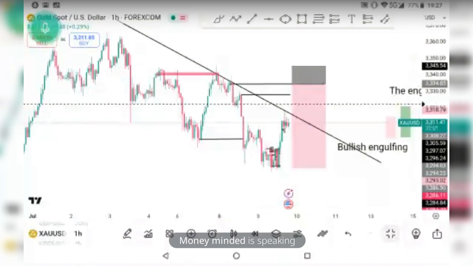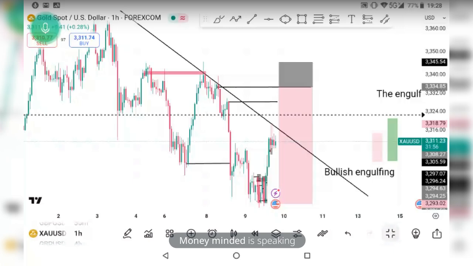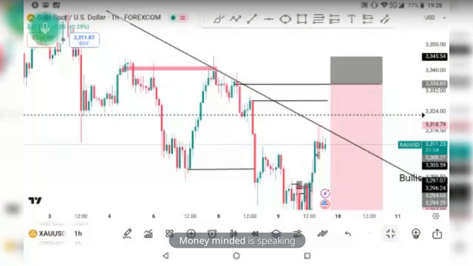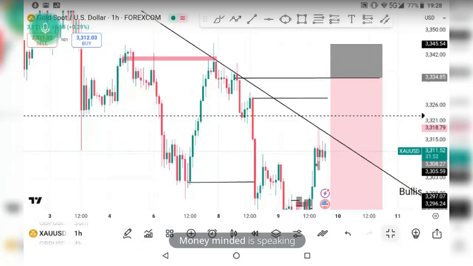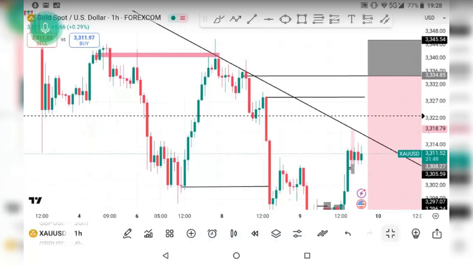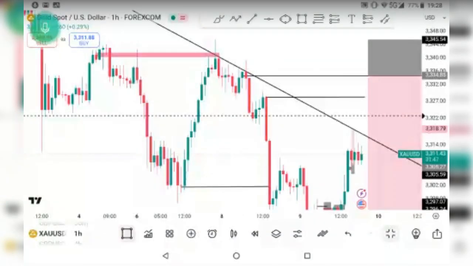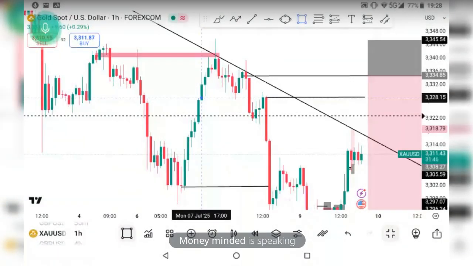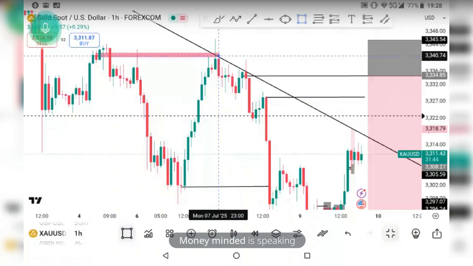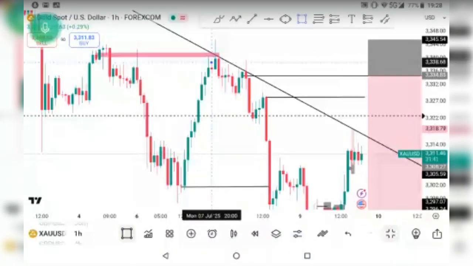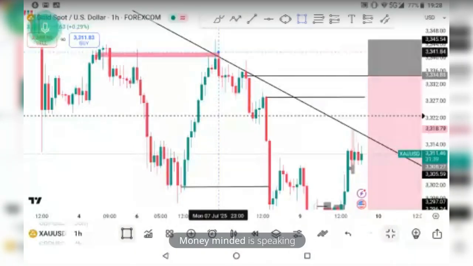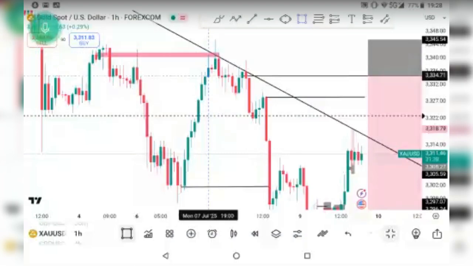If you look at this very well, we are having the bearish engulfing. If you look at this candle now, not the wick, just the full body, this green candle, you can see how the red candle engulfs the entire green candle.